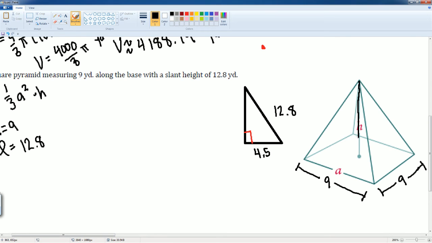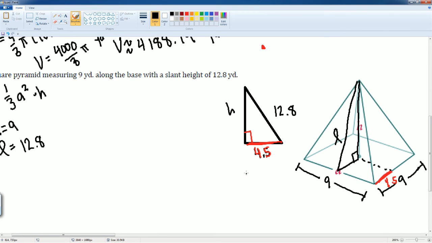Do you see how you have the slant height to get the height? Now notice, this is half of it. This is the red part here. This is the 4.5. So this is the part I'm talking about, and you want the height, which is this.